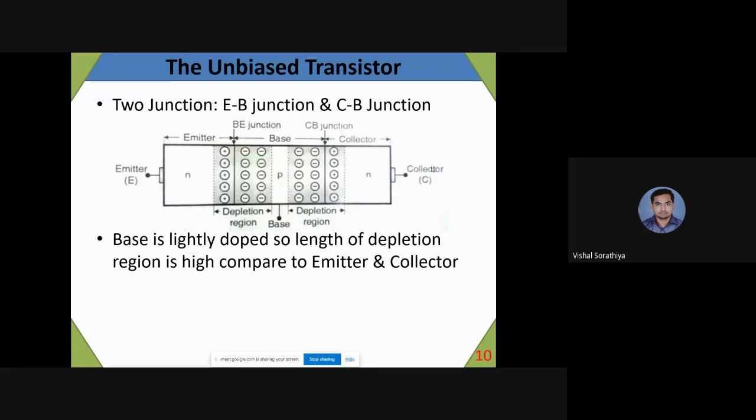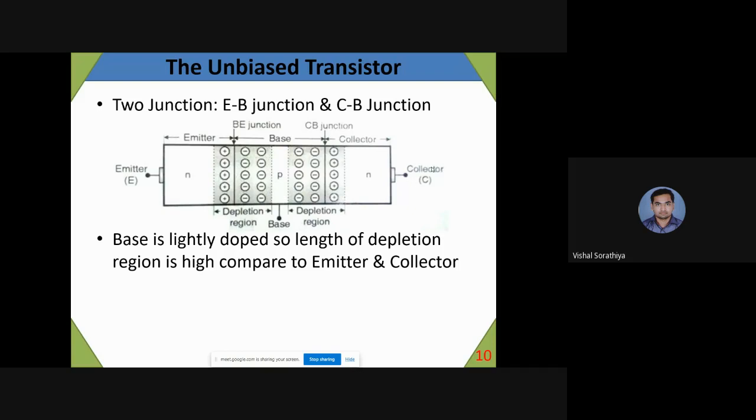That is considered an unbiased transistor. Unbiased means there is no power supply at any terminal. In such conditions, we look at the depletion region and the type of current flow possible in the transistor, which is the unbiased transistor condition.